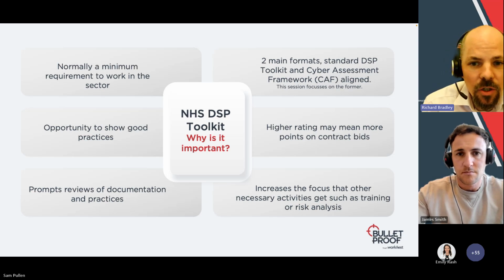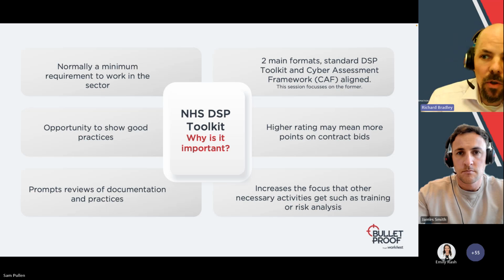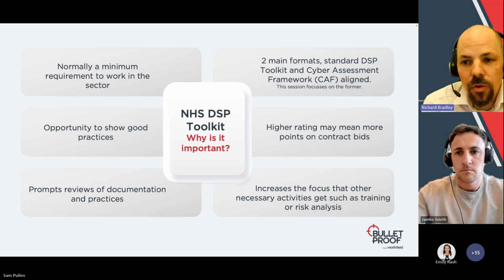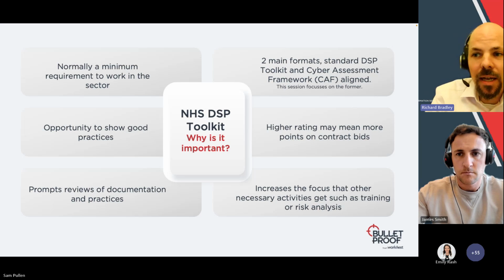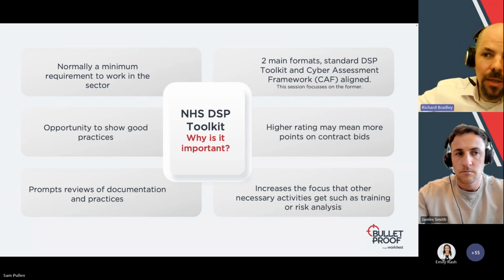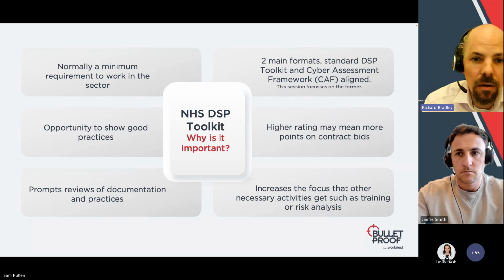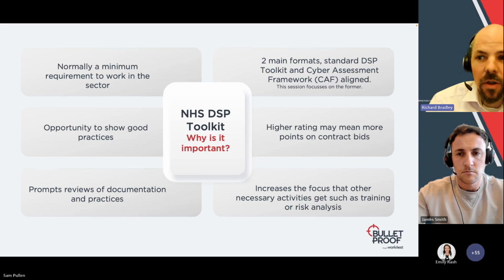Some of the activities such as the information asset register can also help with things like planning for systems changes or process change. So if you want to put a new platform in place for a new piece of software, you should already have the requirements and the data that it needs to handle documented, so you're saving that business analysis time. The other consideration here is when you're bidding for other work, so not just NHS work.